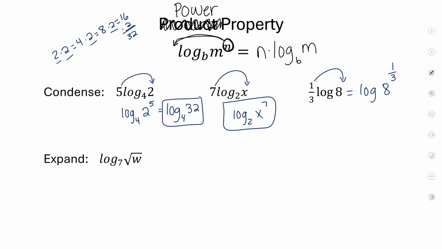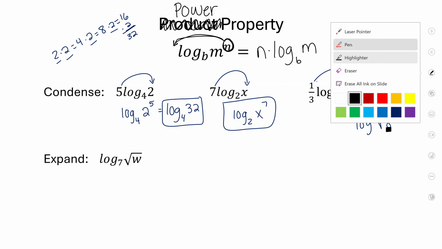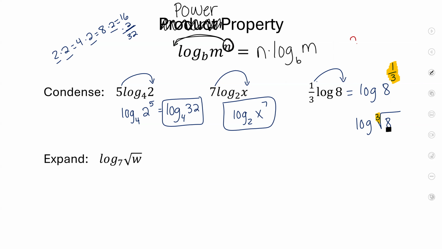Now remember, this can be written as the cube root. I rewrote the 1/3 as a cube root. Now, you have to ask yourself, what number multiplied by itself 3 times is 8? That answer is 2, because 2 times 2 times 2 is 8.